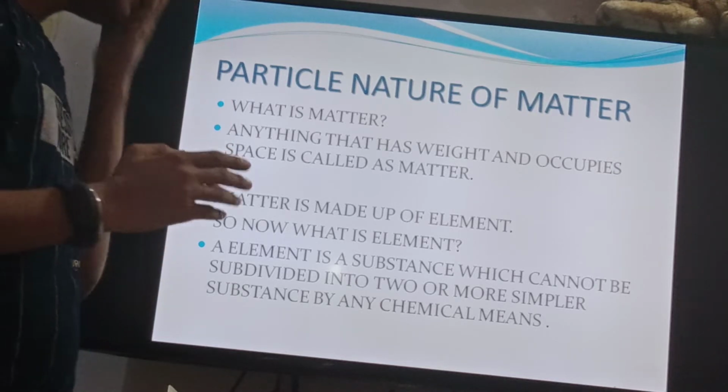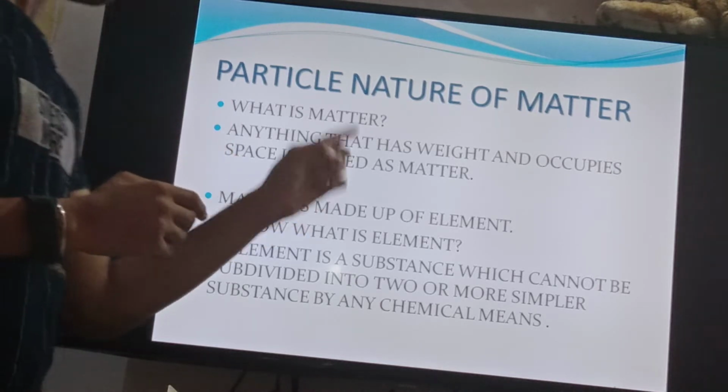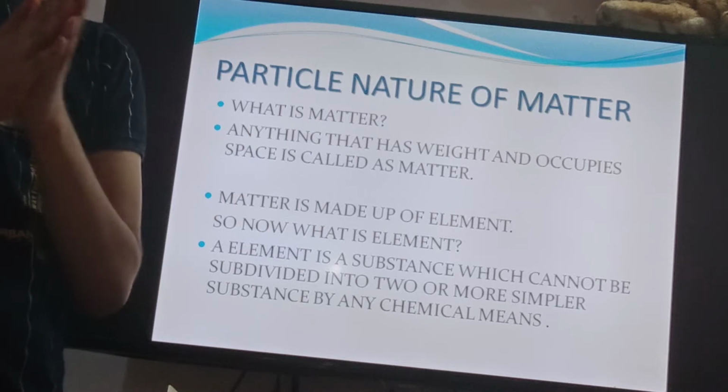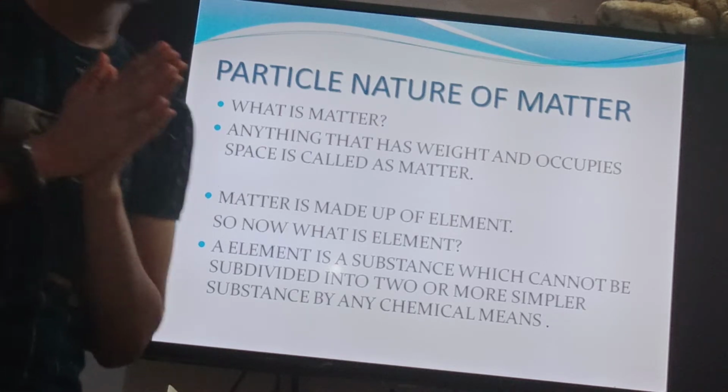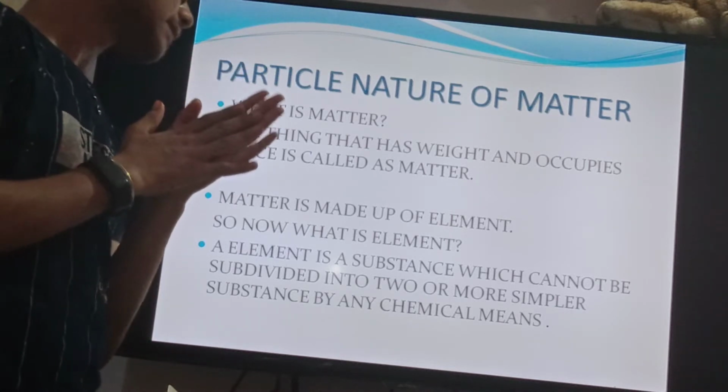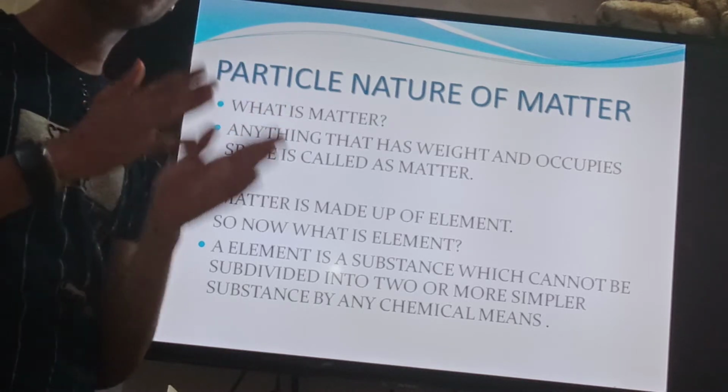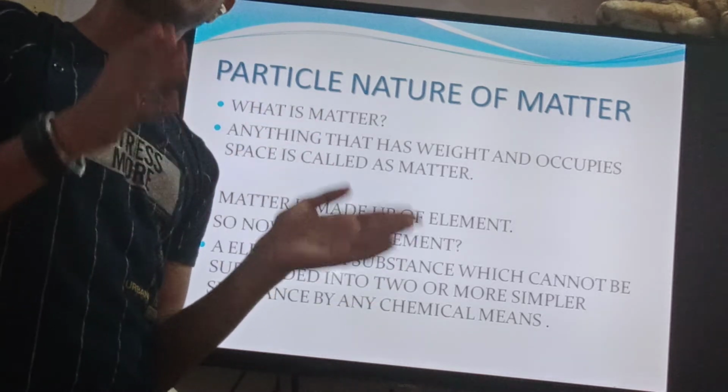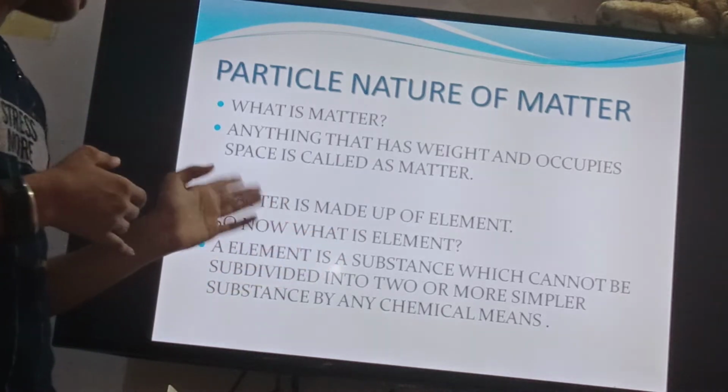So matter is made up of elements. Now what is an element? An element is any substance which cannot be subdivided into two or more simple substances by any chemical means. This is written over here.